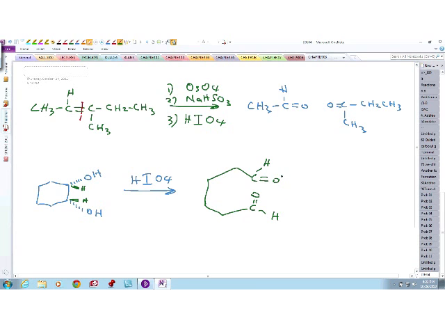I say this is similar to the ozonolysis reaction. Because if you take the same starting material for ozonolysis, step 1, ozone, and step 2, zinc in dilute acid.